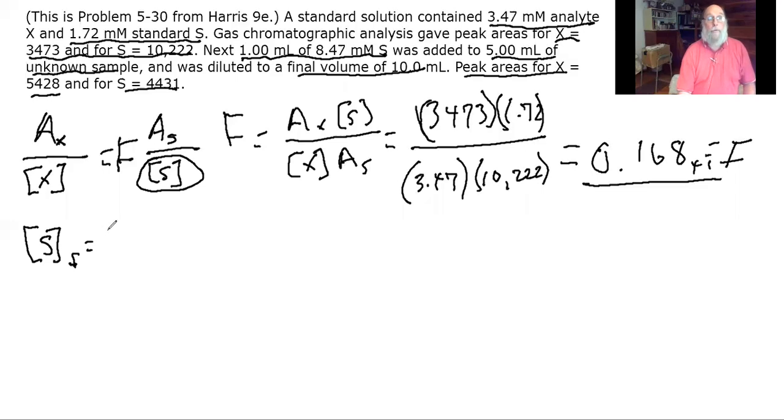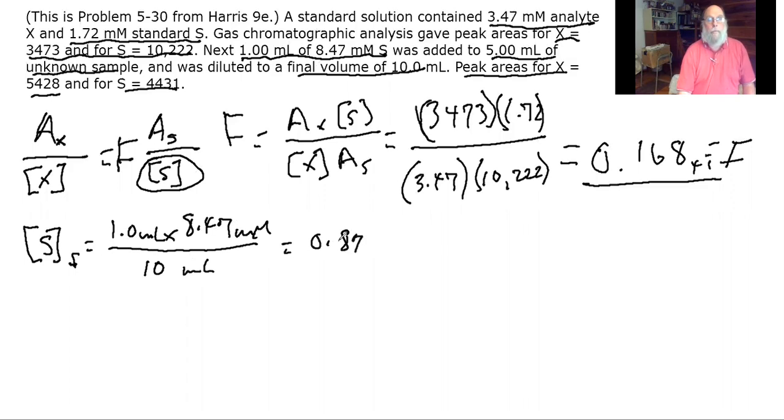And so we had, what was it, 1 mil times 8.47 millimolar, and we diluted that up to 10 mils. And that's 0.847 millimolar. And again, that's S. All righty.